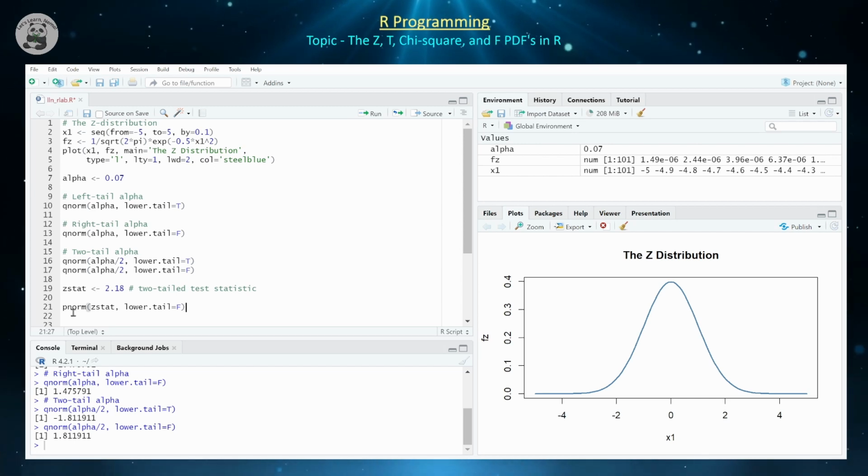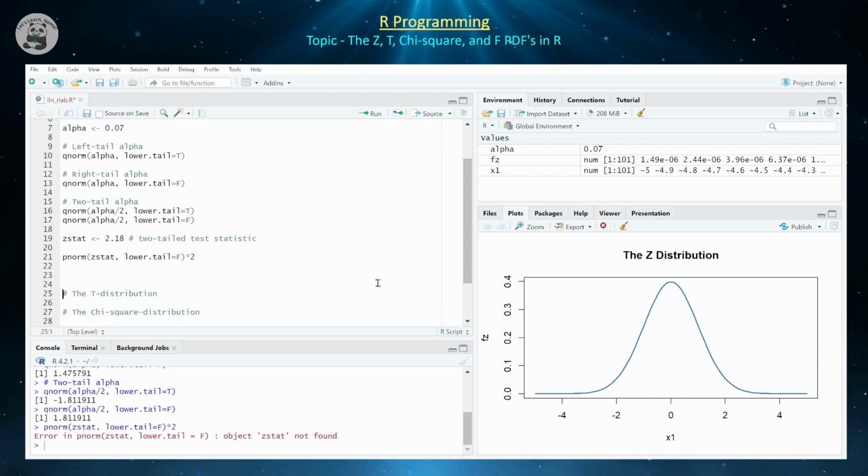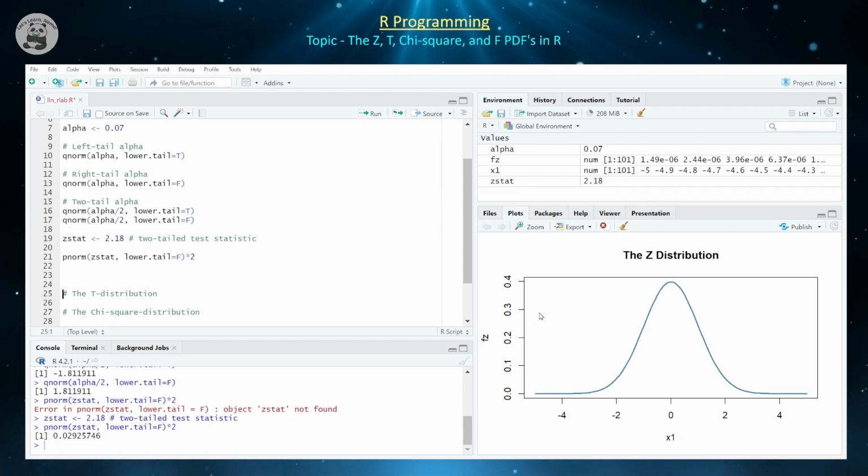But since we're in a symmetric distribution, we can simply multiply this probability by 2, and that's going to give us our right tail and our lower tail in the same exact statement. And according to this, if we calculate this out, provided that I've actually defined our test statistic z-stat, then we're going to see that our probability of getting a test statistic equal to 2.18 or more in favor of the tails is going to be approximately 2.926%. And sometimes this is called the p-value associated to this test statistic.